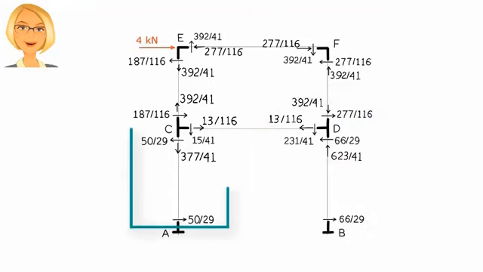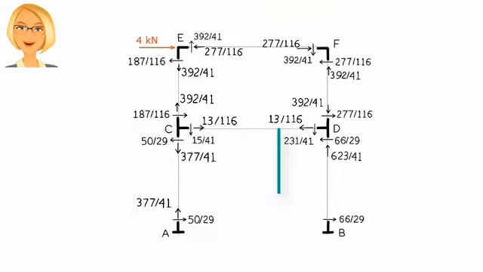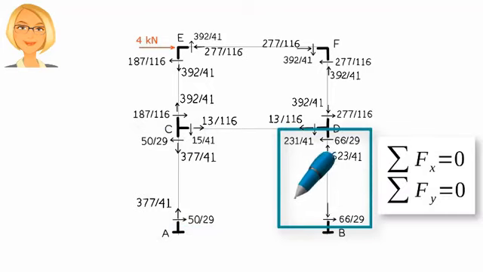Now let's transfer the axial force in member AC applied to joint C to joint A, and do the same for member BD.